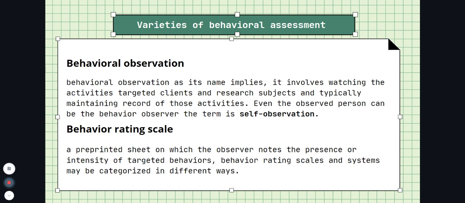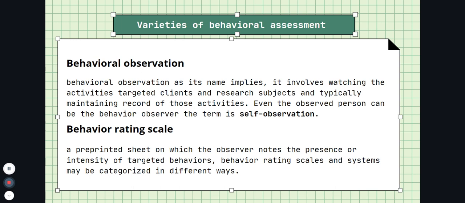So it could be other people, like parents of the clients, siblings, teachers, and supervisors as the observers. They can direct people to observe the client if they are not available.